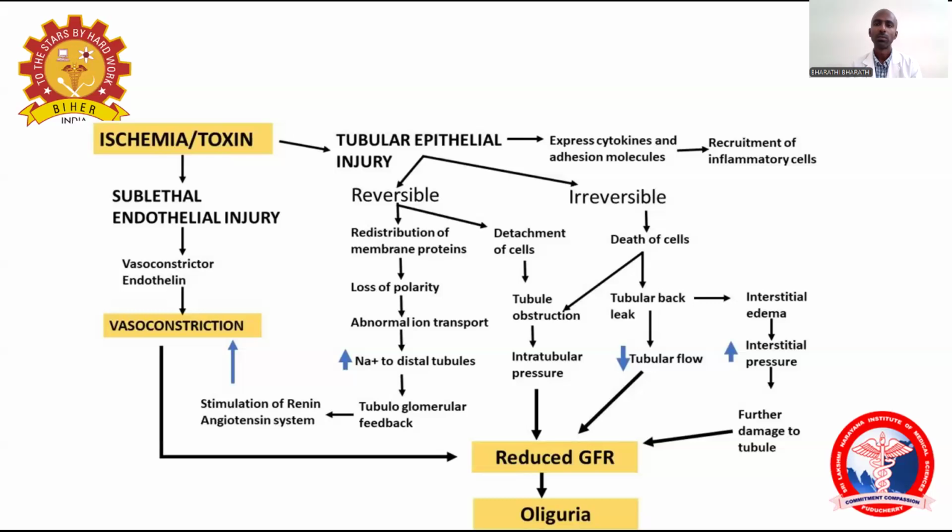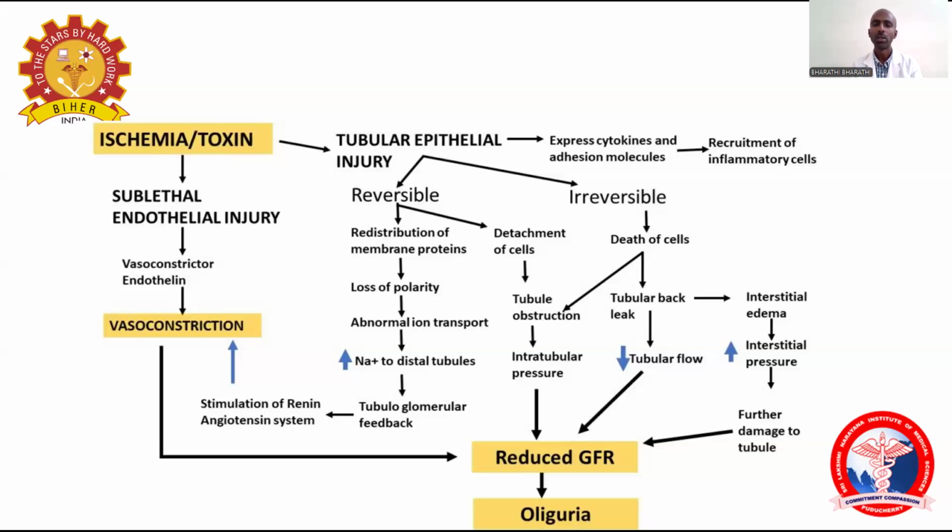For example, there will be increased sodium at the distal tubules. Mostly the sodium will be reabsorbed prior to the distal tubules. So here there will be increased sodium at the distal tubules.